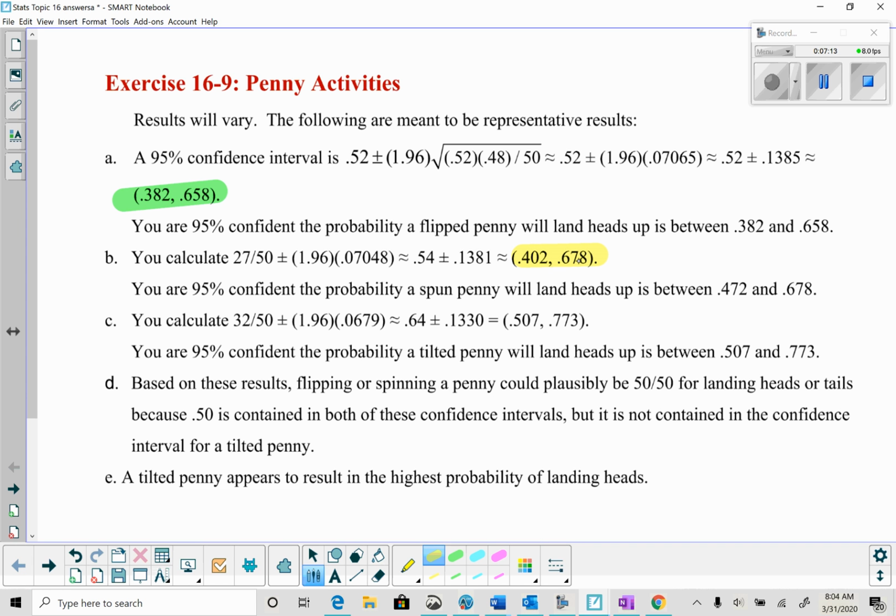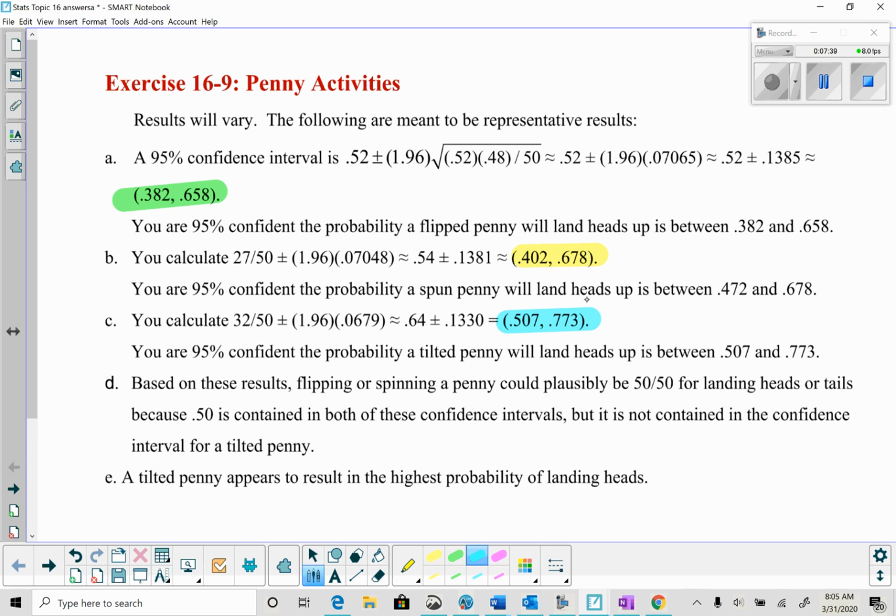Here's their confidence interval if it's spun on its side. And here's their confidence interval if it's stood up and then it falls over. Okay? So your numbers, if you want to pause the video here, should be somewhat close to those.